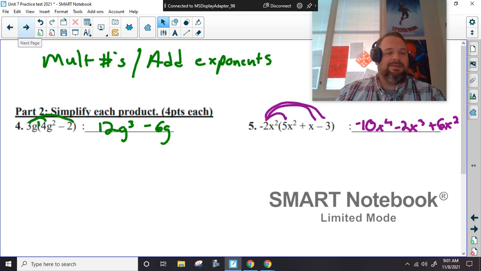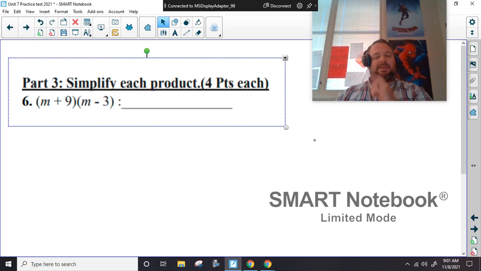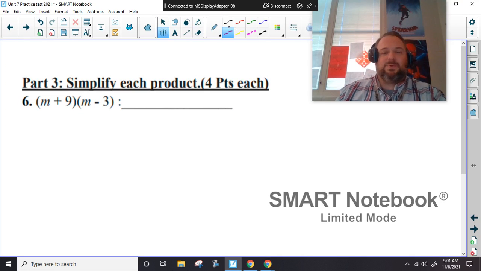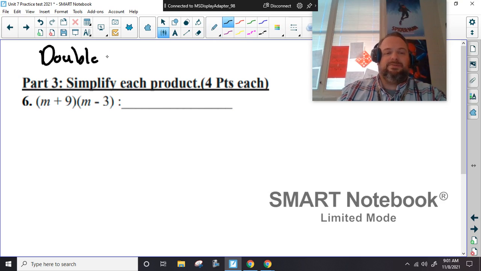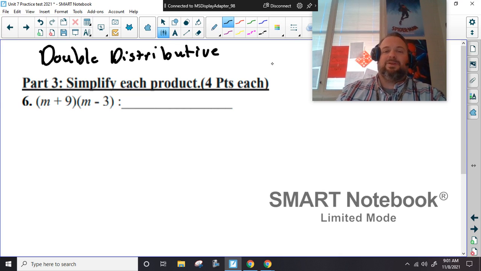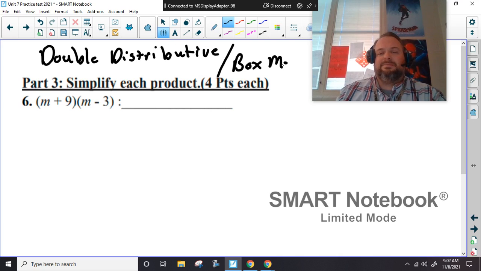All right. So now, this one. This is where you would use double distributive or box method.